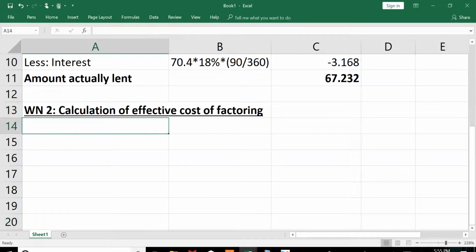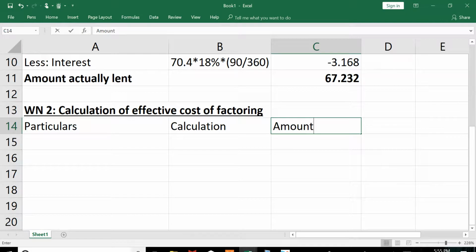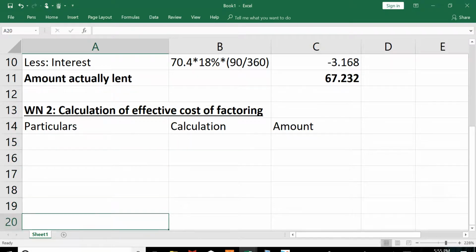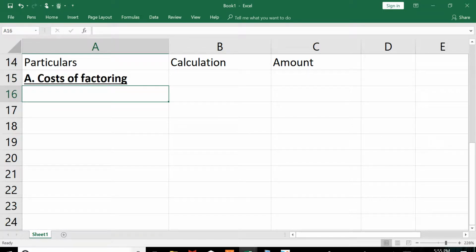Particulars, calculation, amount. Capital A, cost of factoring.